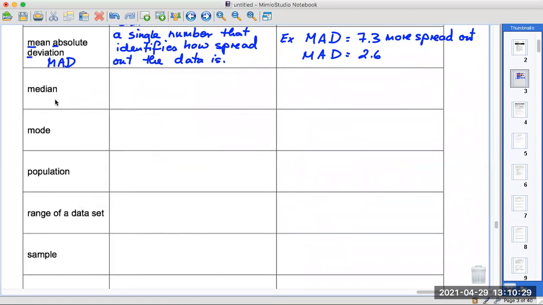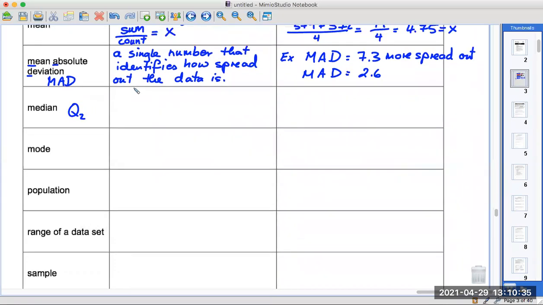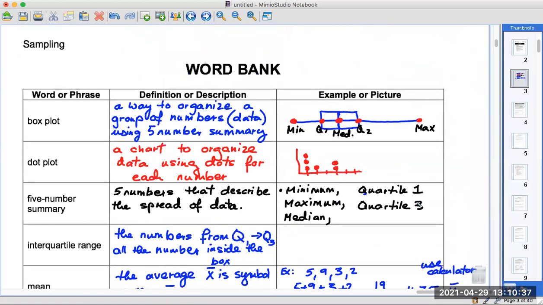The median is, by the way, Q sub 2. I didn't list it here because I named it median. So you understand, we have quartile 1, quartile 2, and quartile 3.